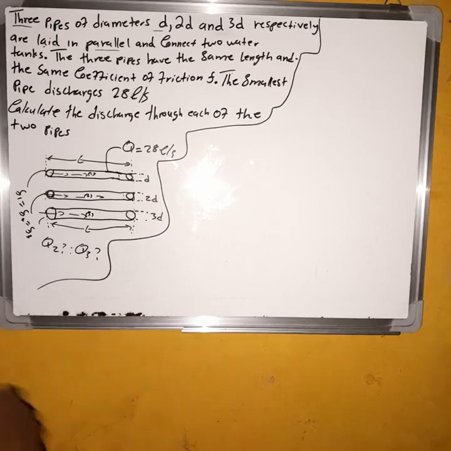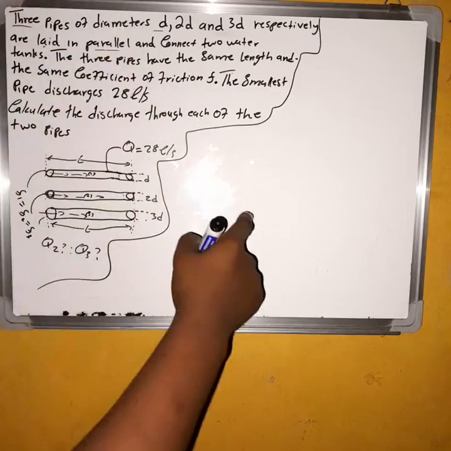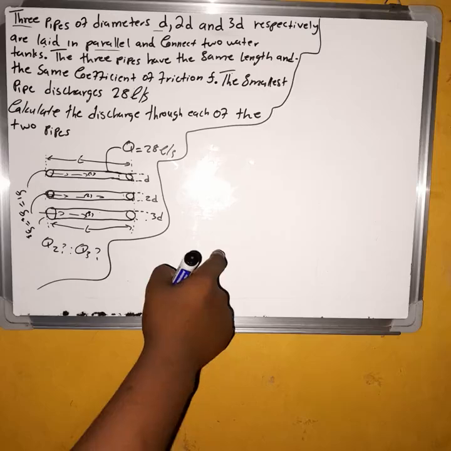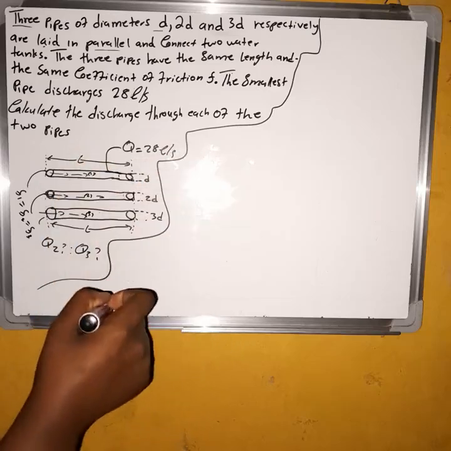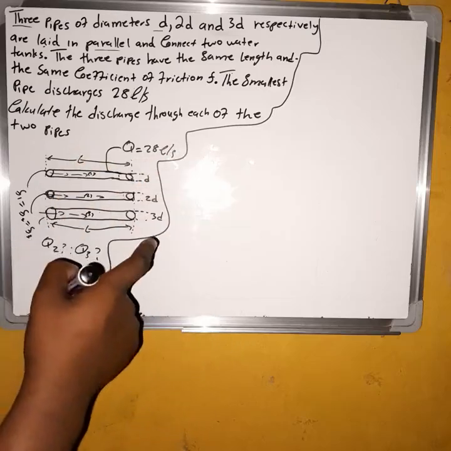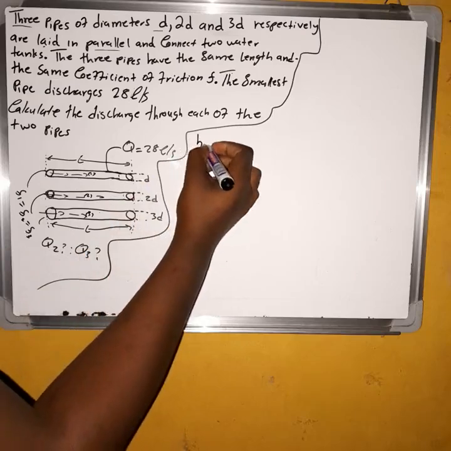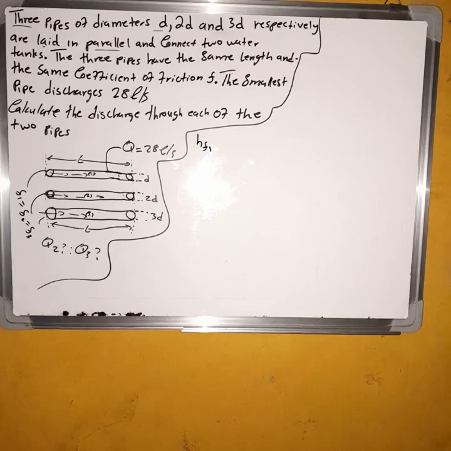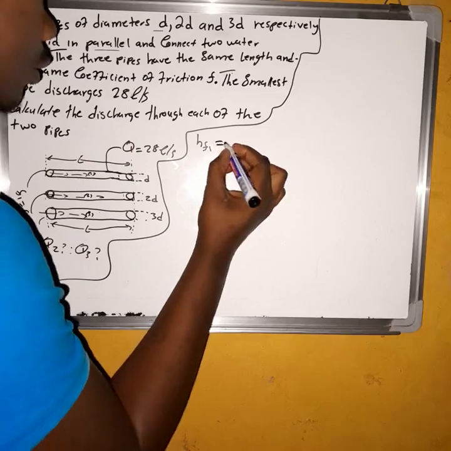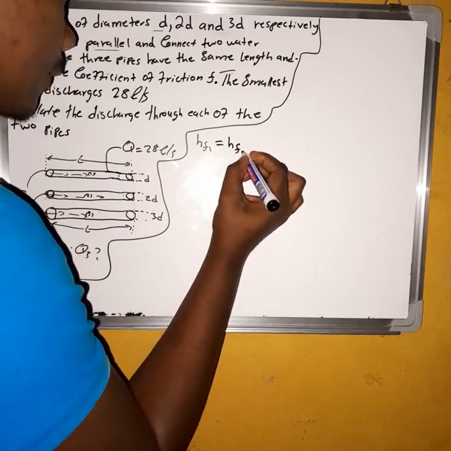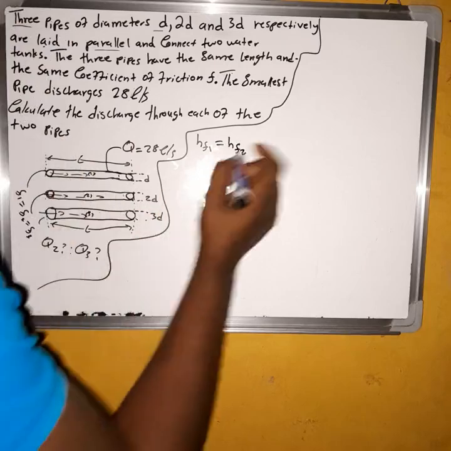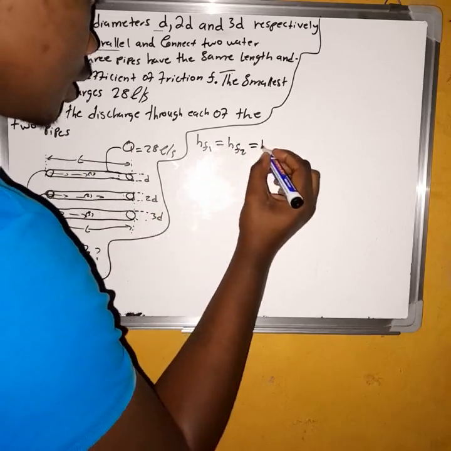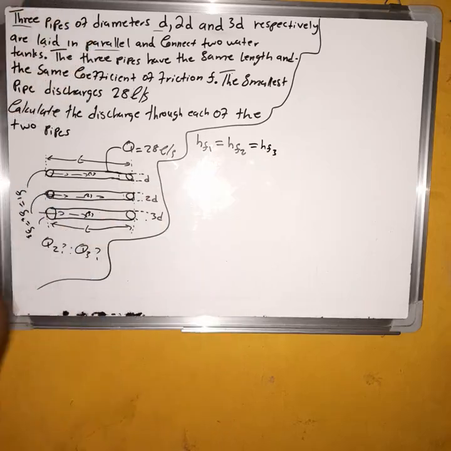I want you to check something. I want you to know something about this parallel pipe. The head lost due to friction for pipe 1, HF1, must be equal to HF2, and remember now there are 3, must be equal also to HF3.